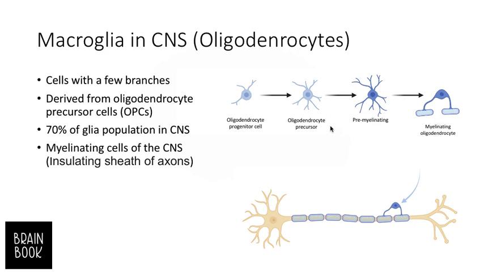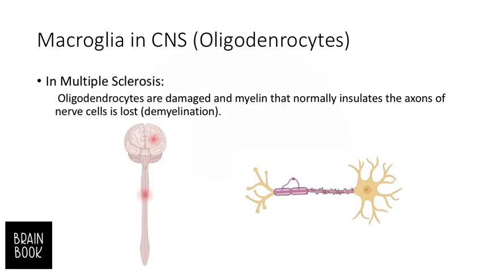These cells form 70% of the glia population in our central nervous system, and when they myelinate our neurons, they form insulating sheaths of axons in our central nervous system, and they play an important role in supporting our central nervous system.